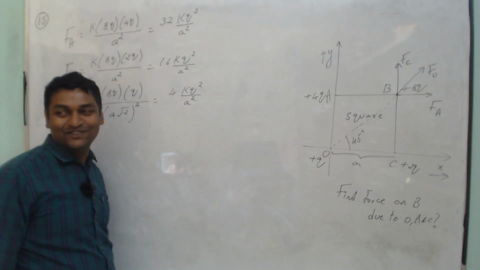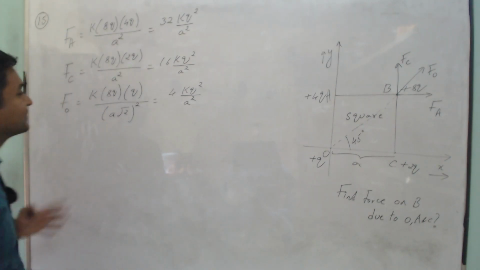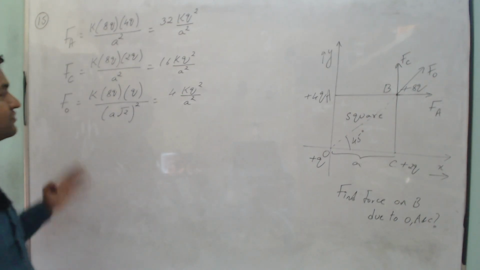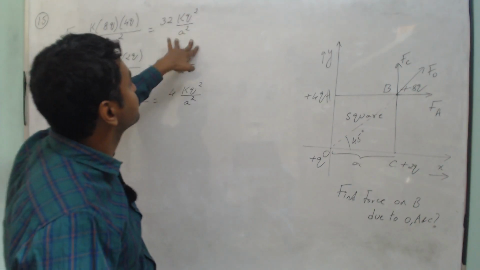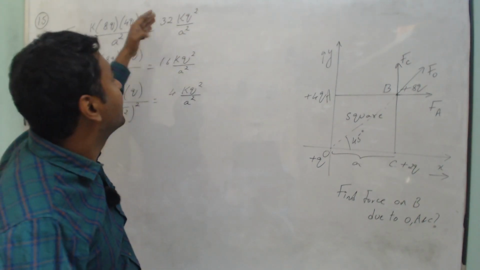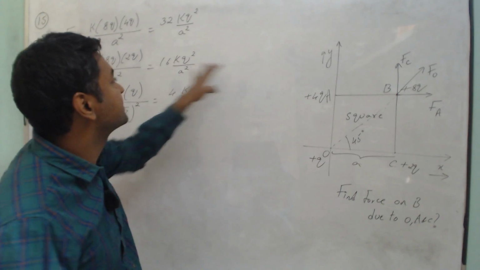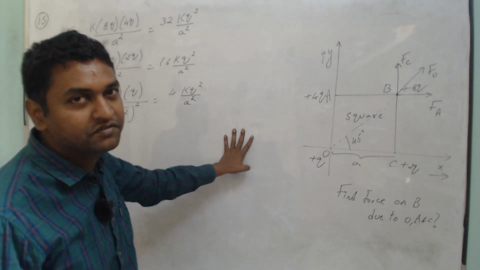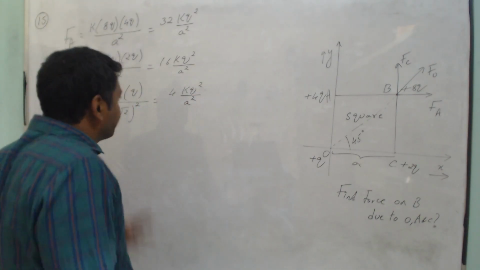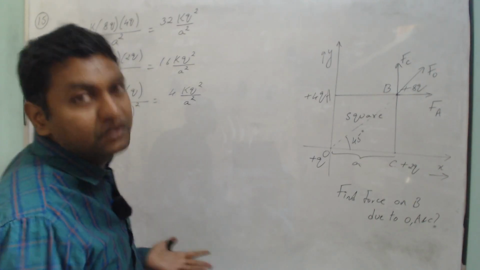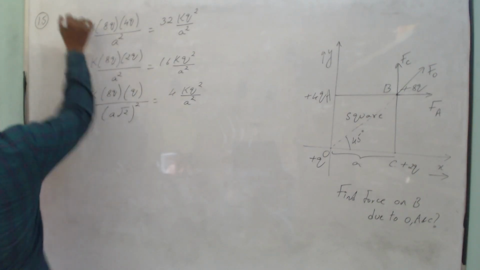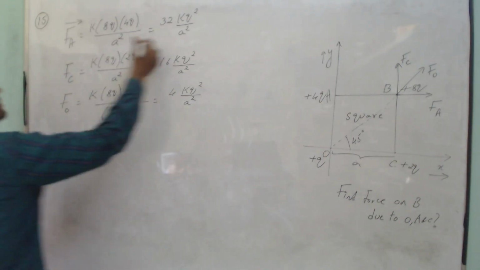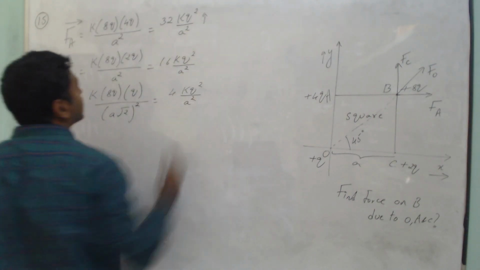Look, so once this is done, one way is I can take KQ square by A square as F and write this as 32F, this as 16F, this as 4F, right? But here I can do something. If I write this as a vector, I just have to write I cap here.